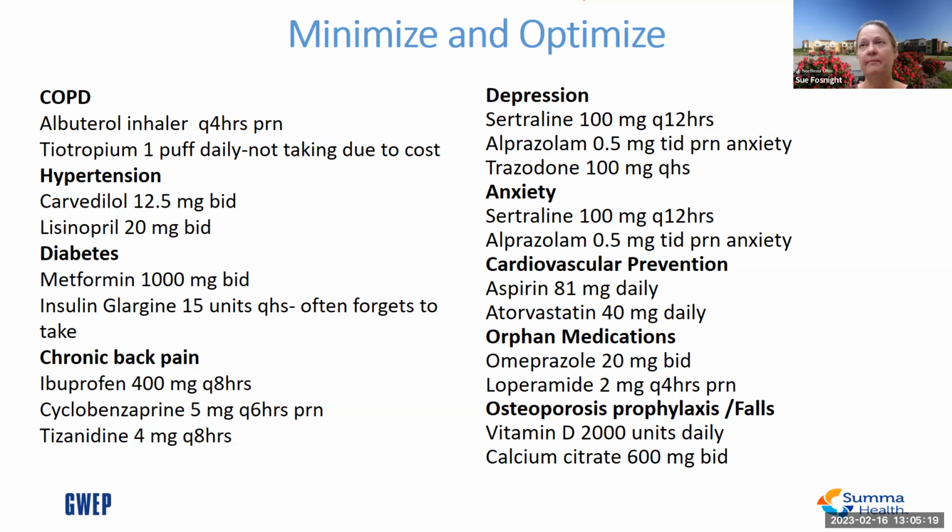And I would say most of the Giant Eagle pharmacies, I think the Rite Aid pharmacies, it's variable depending on the particular pharmacy. So you would have to call your pharmacy and just ask for a medication review.